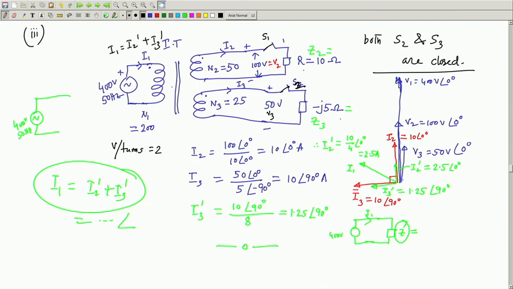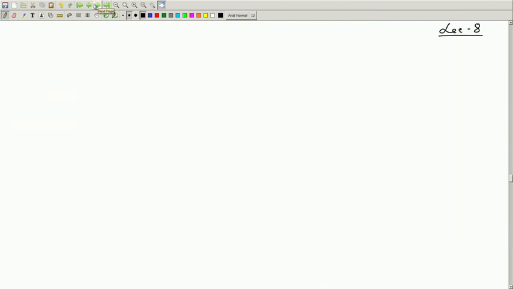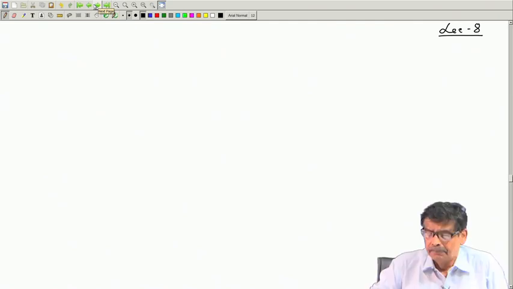Now, one thing of course: the same problem could be done in a much simpler way by making use of the energy balance equation or power balance equation on both the sides.